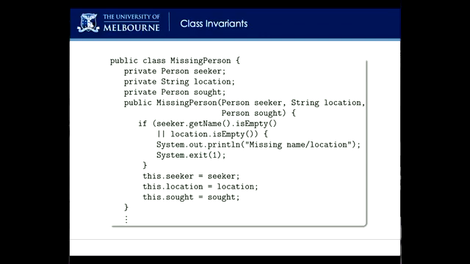And also we're going to make sure that every location is filled as well. So if the location is empty, we're going to make sure that that's the case. We always will have a person on the seeker, so that whoever's looking has to have a name, and the location has to be completed, right? So this is our filter. This is our class invariance, and we're asserting that this will be the case.